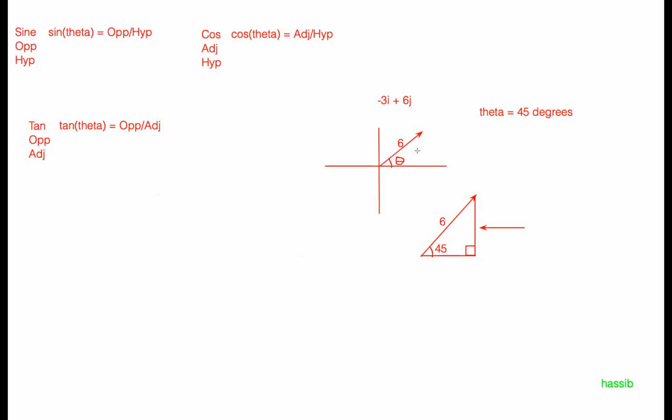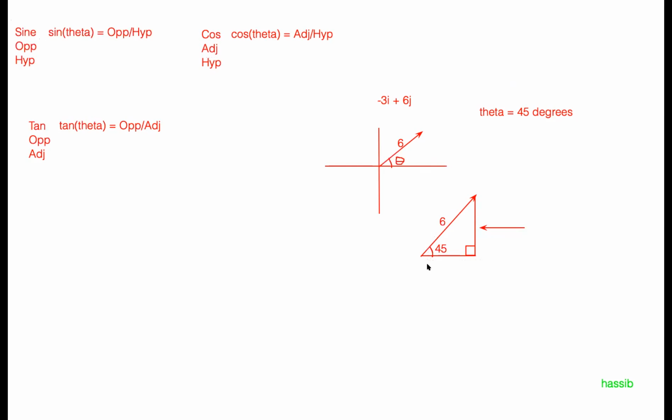Okay. So with all the information given, we have the angle, theta, and we have 6, which, again, we said is the hypotenuse. So we want the opposite, and we have the angle and hypotenuse. So the only thing that matches that is using sine theta is equal to opposite over hypotenuse.